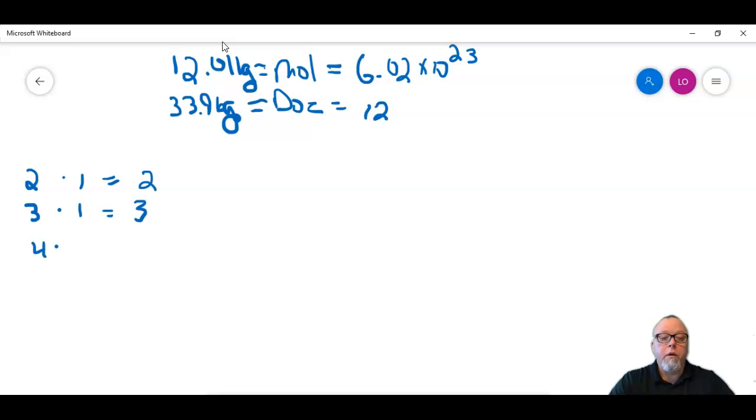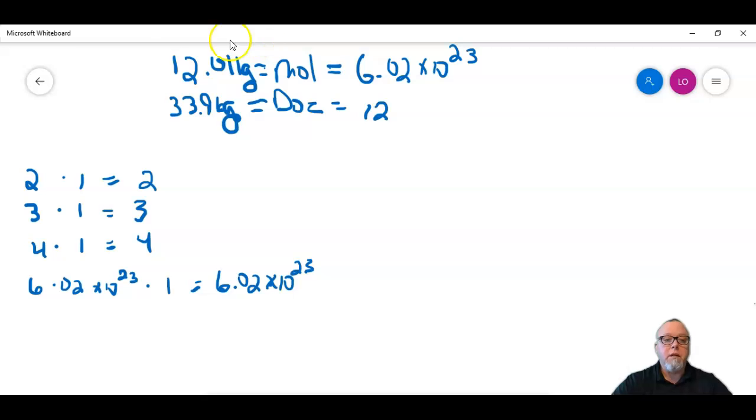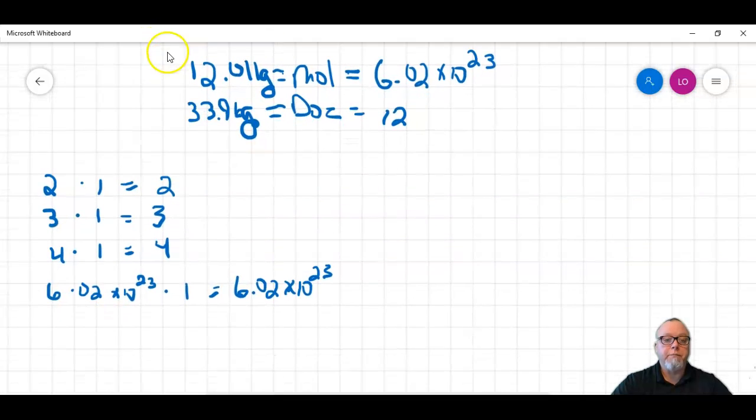If I have 4 times 1, that is equal to 4. If I have 6.02 times 10 to the 23rd of something times 1, that is equal to 6.02 times 10 to the 23rd. Anything times 1 is equal to itself, correct?